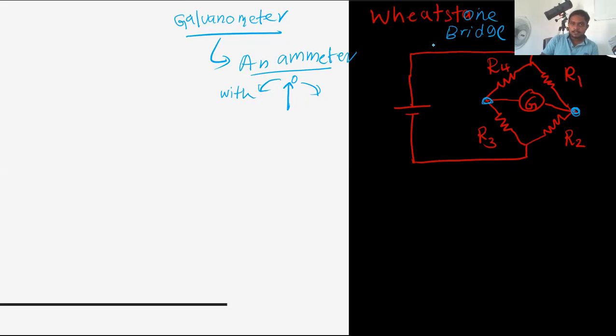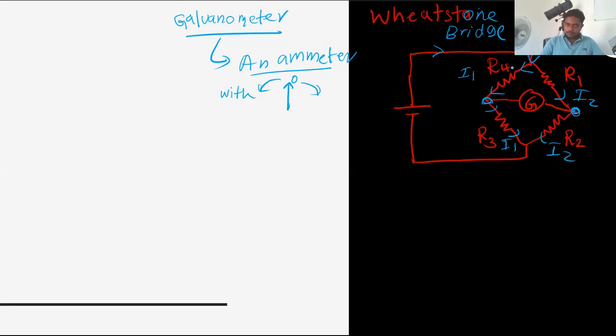Consider now current is moving here, and then the current divides into two parts. I is the current. Here it becomes I1, going here, I1. Here I2, going here, I2.